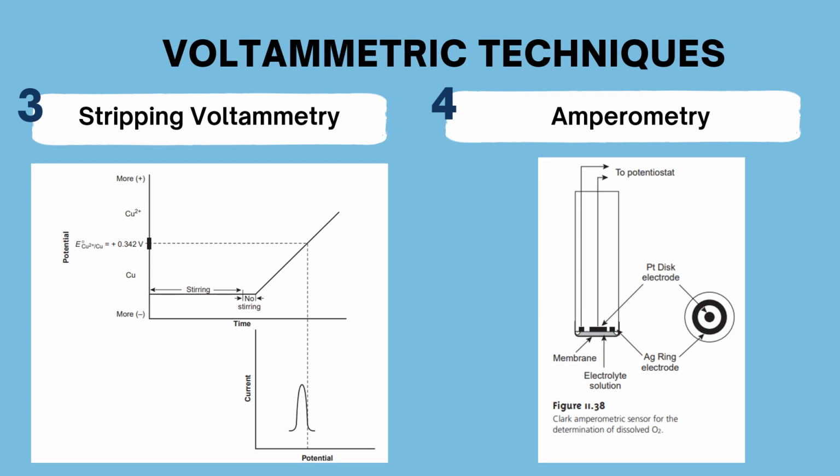An important application of amperometry is in the construction of chemical sensors. Seen on the screen is one of the first amperometric sensors that was developed for the detection of dissolved oxygen in blood, developed in 1956 by L.C. Clark.